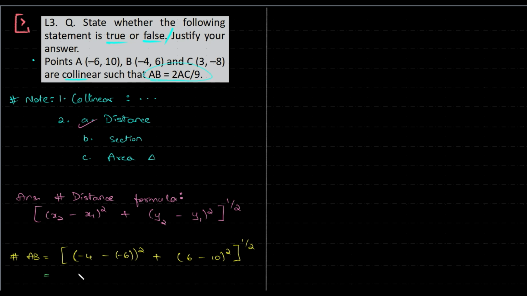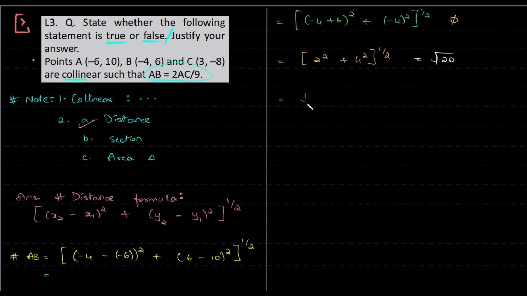So this is a step which is not exactly required, but only for your understanding. Minus of minus is plus, so (2) square plus (-4) square to the power of half. So we have 6 minus 4, that's 2 square. You can skip this step and directly write this as 2 square plus 4 square. And we have this to be 4 plus 16, that is 20, square root of 20.